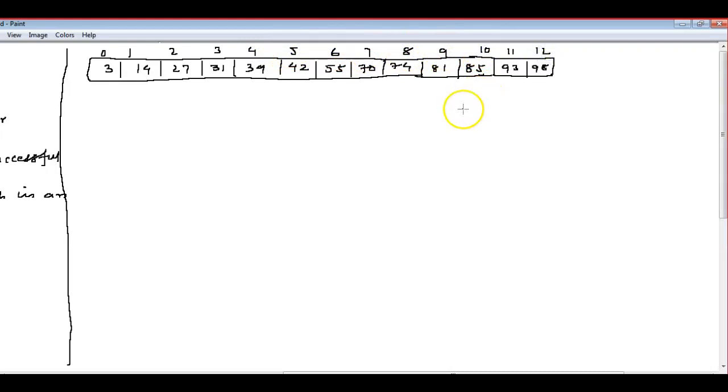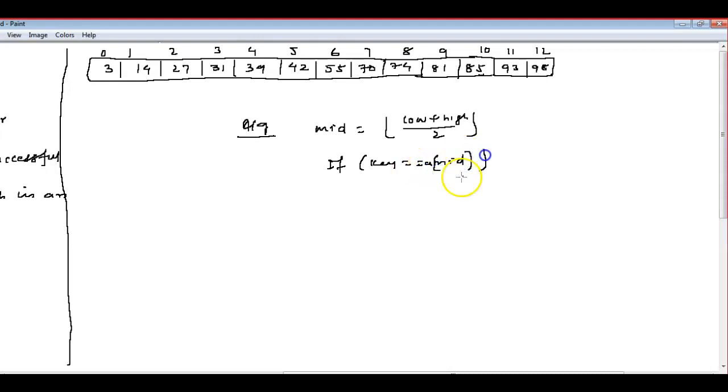Now see here how to construct the binary search tree. The algorithm is: if any elements are given, you have to find the mid term. Mid is equal to (low plus high) by 2. If the key element is equal to the mid term, then the search is successful at the midpoint.